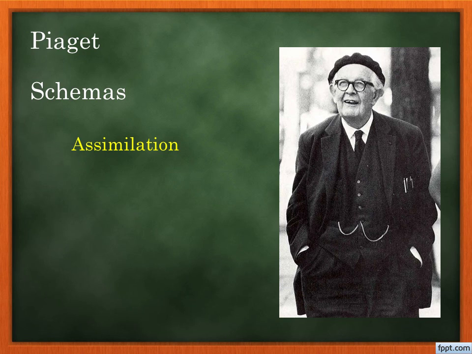But then later he meets a cat and he calls it a dog. Later it's corrected that it's actually a cat, so he finds out that there are defining features of dogs and cats, and accommodates the schema to fit that. So he can create a new schema for cats, or he can change his schema to mammal or something like that. So just some review from psychology where I found it related to this strategy.